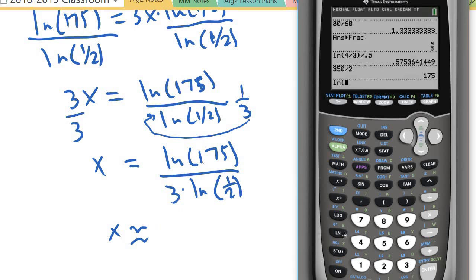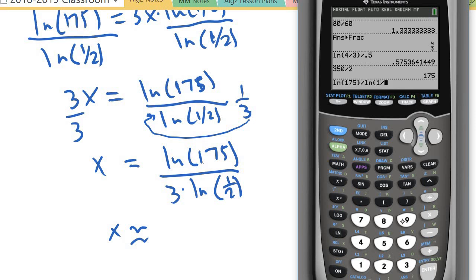So it will be ln 175. What I'm going to do is divide twice. I'll divide first by ln 1/2. It doesn't matter the order.